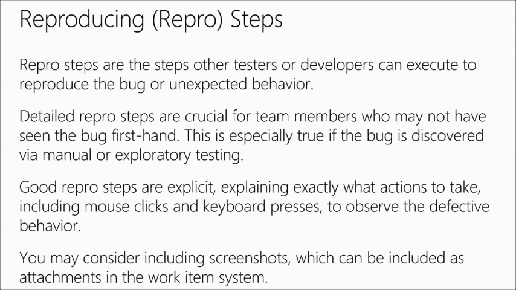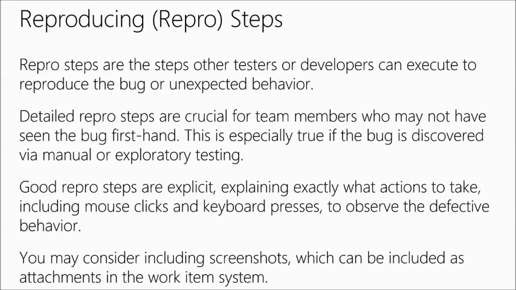So the repro steps now, this is another important aspect of the bug that the test person needs to be really diligent about. The repro steps are going to get the attention of the developer, or they're going to lose the attention of the developer. They need to be clear enough that in a few minutes, and probably less than that, the developer understands what the problem is, understands what the impact is, and understands how to reproduce that error.